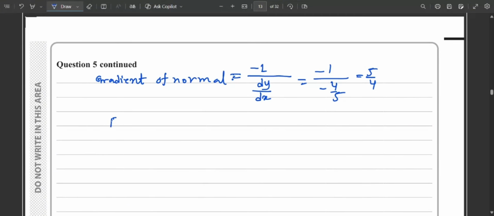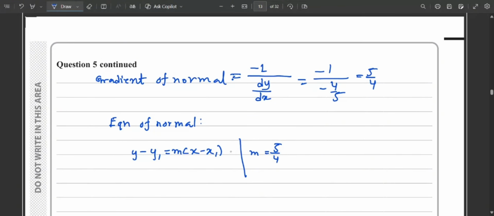So now I can find out the equation of the normal. To find the equation of the normal, I need two things. One is the gradient of the normal, and I also need a point on that line. For the gradient of the normal, I've already calculated it. The gradient of the normal, let's say m, is equal to 5 by 4.